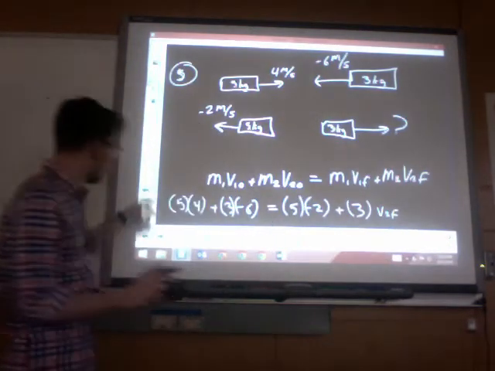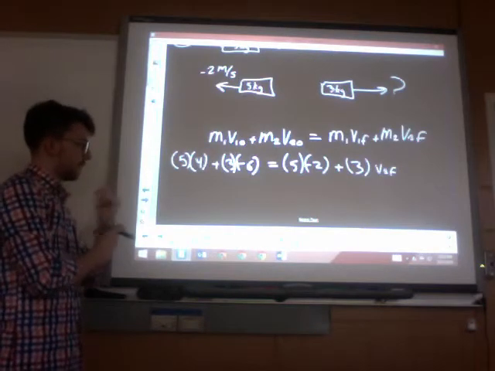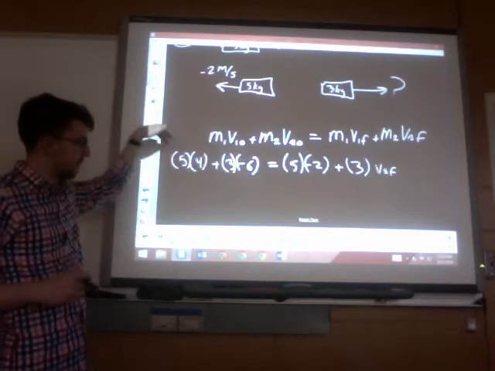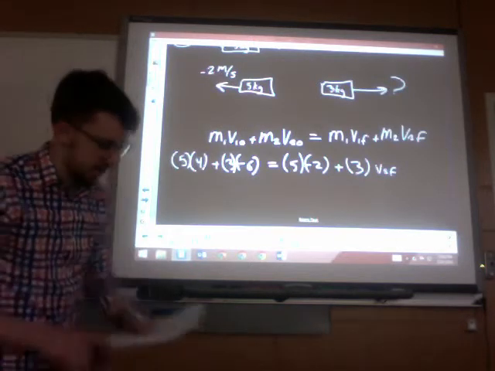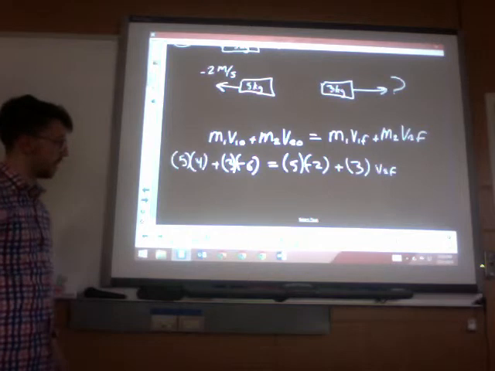Final velocity of 2. I like this problem because it looks frightening at first, but when you actually compute it in your calculator, it gets wicked simple. Or maybe you can do that in your head.